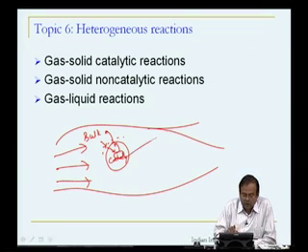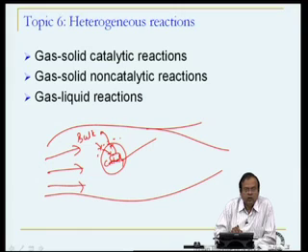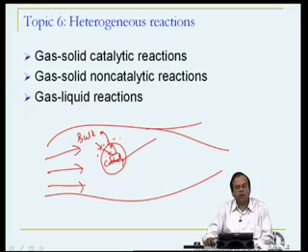So, while we discussed these chemical reactions so far, we would now start discussing this transport from the bulk to the surface and from the surface to the inside of the catalyst pellet.